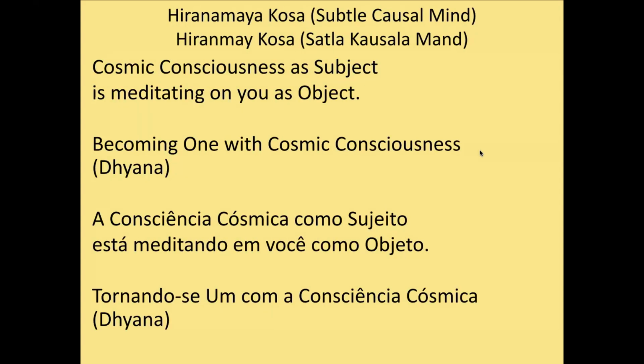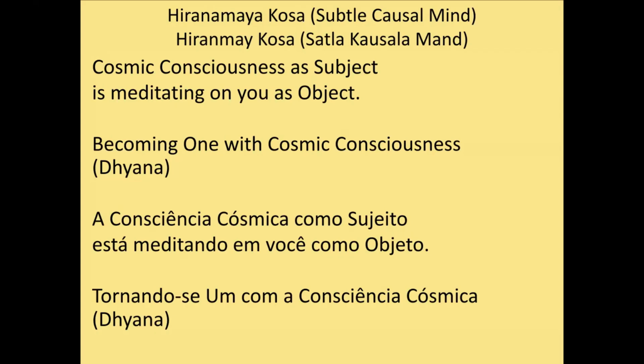And finally, the fifth layer, the Hiranyamaya kosha, is the subtle causal mind. So cosmic consciousness as a subject is meditating on you as the object. In other words, we think we're meditating on cosmic consciousness, but cosmic consciousness is meditating on us as the object.